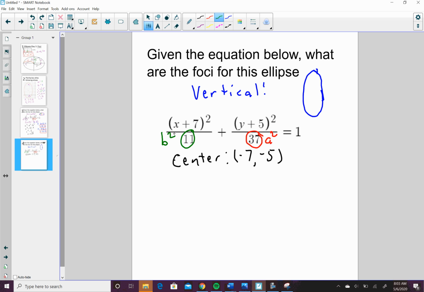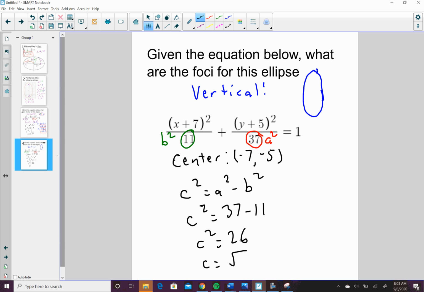Then I can find c squared by using this formula: c squared equals a squared minus b squared. So a squared is 37, b squared is 11. Subtract those two, you get 26. So c, or the distance between the center and each of the foci, is going to be plus or minus the square root of 26.